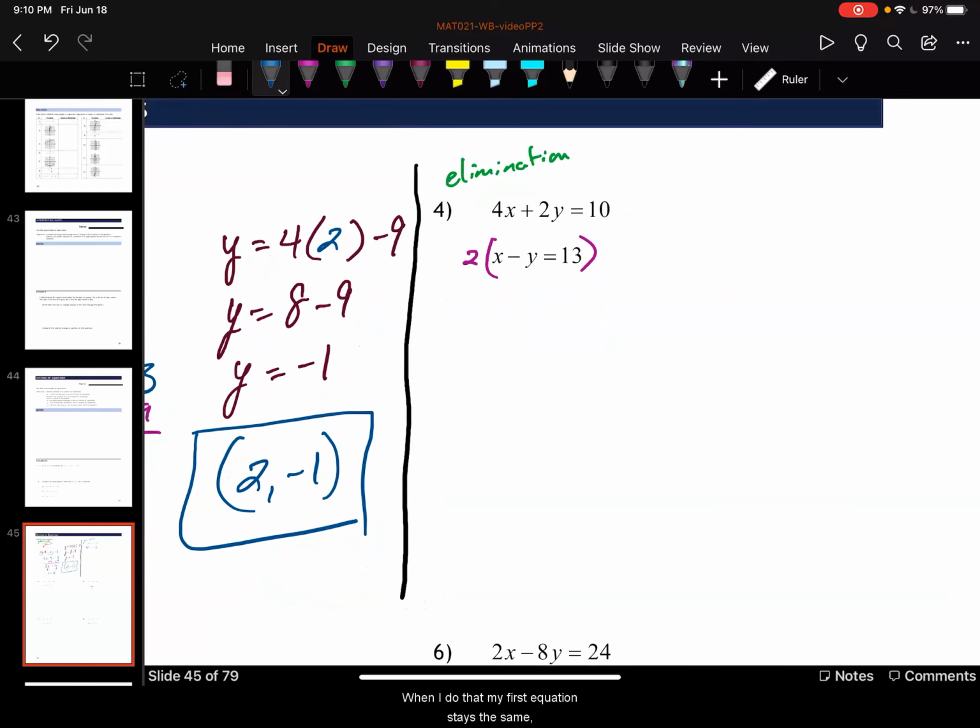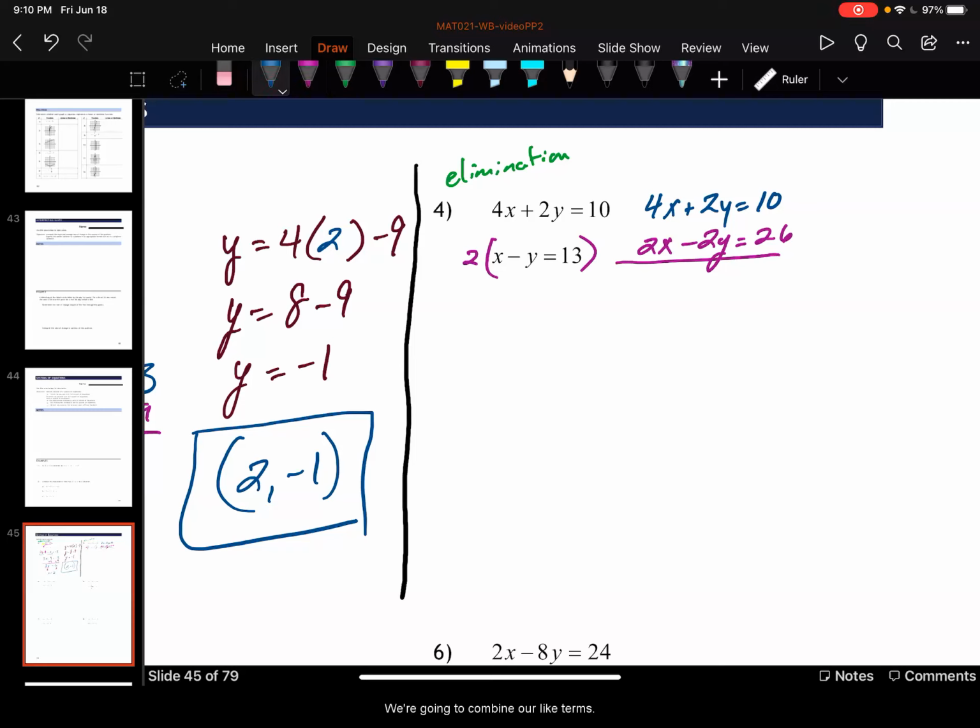When I do that, my first equation stays the same. I'll still have 4x plus 2y equals 10. And then when I multiply through by 2, I'll have 2x minus 2y equals 26. Make sure you multiply every term in your equation by that 2.